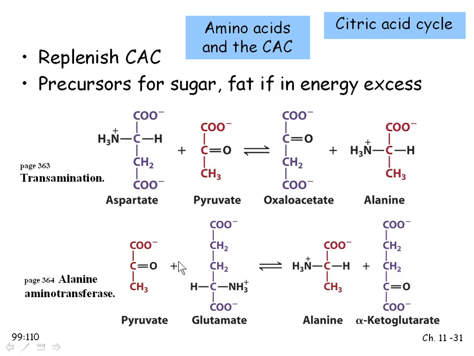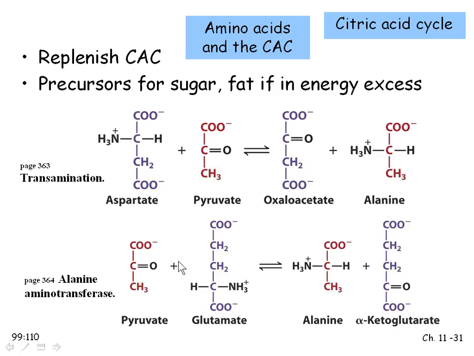So it's worth thinking about this relationship between amino acids and the citric acid cycle. We've seen them come out as a product of the citric acid cycle, but they can also be used to refill the citric acid cycle, and they can also be rearranged a bit through the citric acid cycle to make better precursors to make sugar or fat.